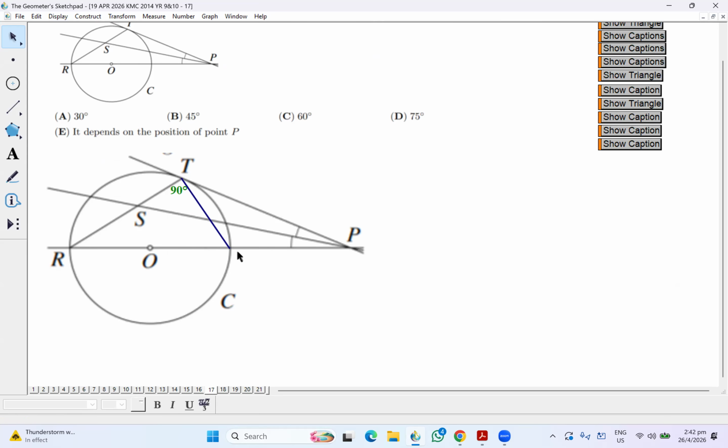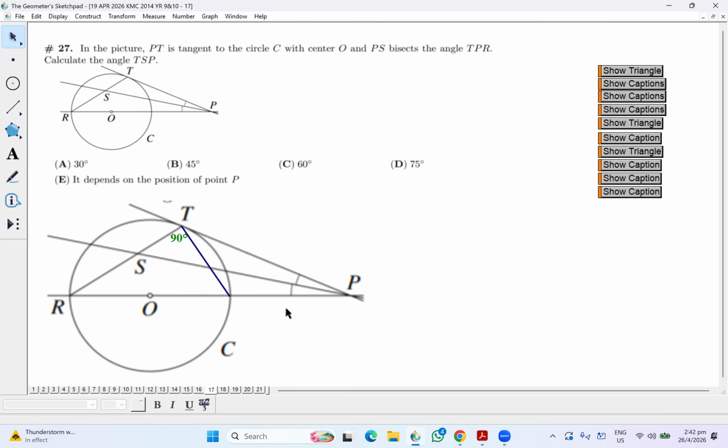Then because there is a center O, we have a diameter. The angle in the semicircle is 90 degrees, straight away 90 degrees there. Then you show this triangle, the angle in a semicircle, 90 degrees.